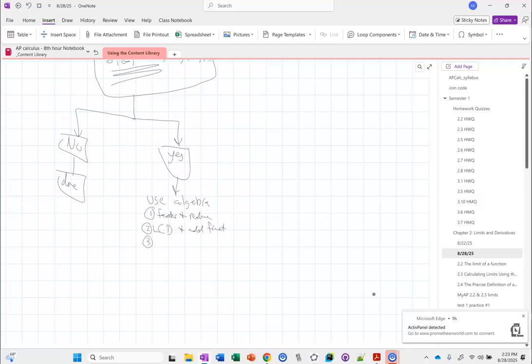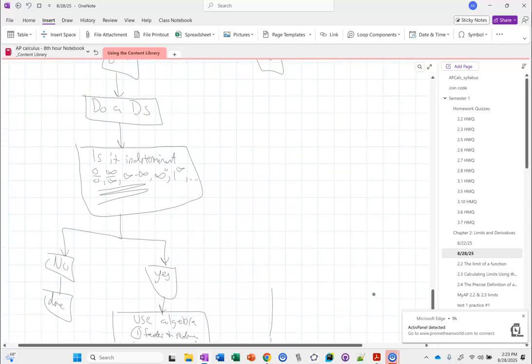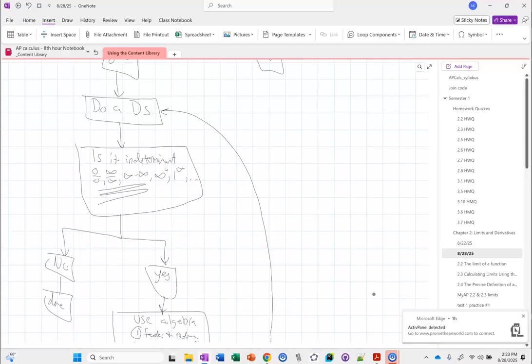Yep. Multiply by the conjugate. And then we had expand and simplify, right? And after that, we go back and do another direct substitution and try to use this. Okay. Does this feel so far so good?